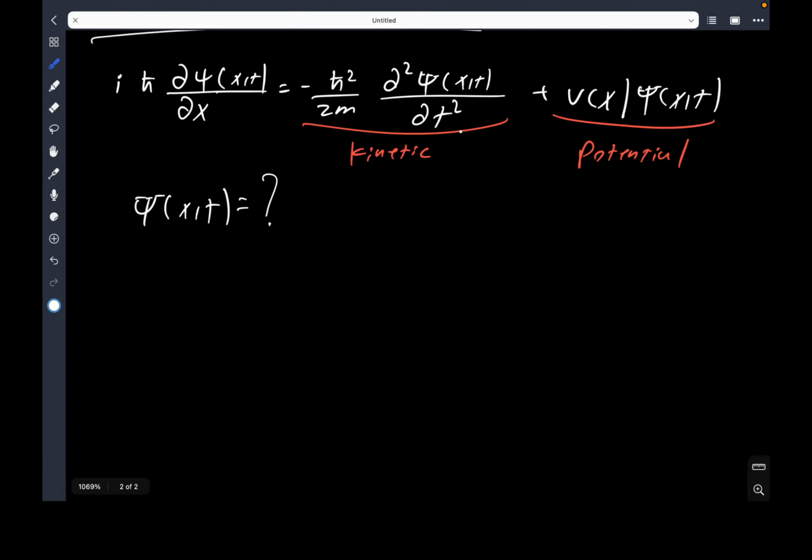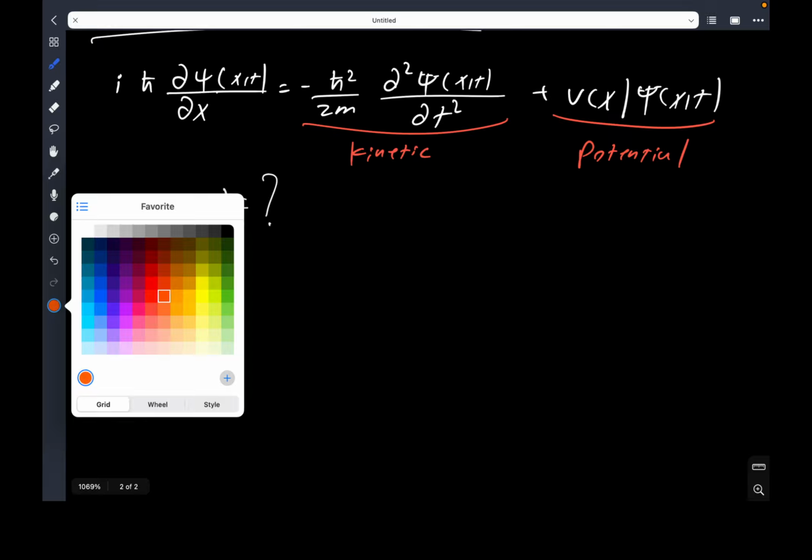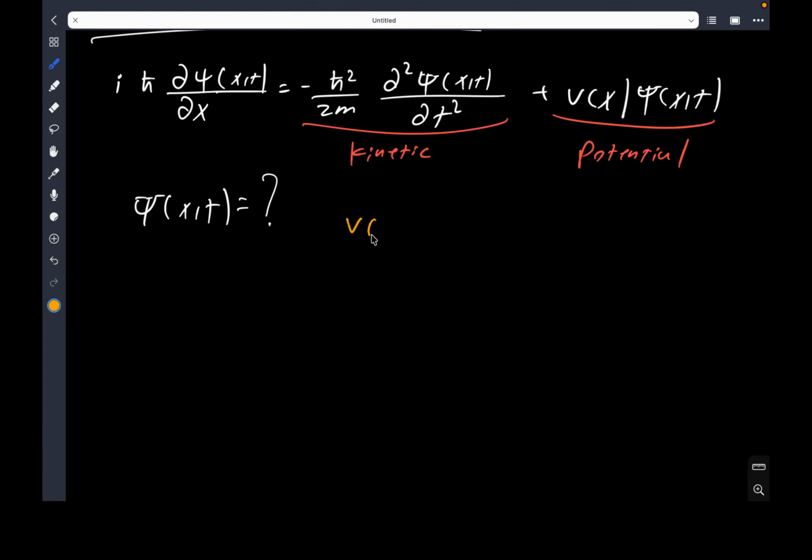The time dependent infinite square well tells us that V of x, the potential energy, is 0 from 0 to L and infinity elsewhere.